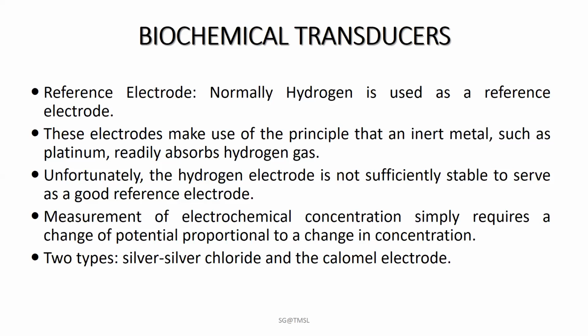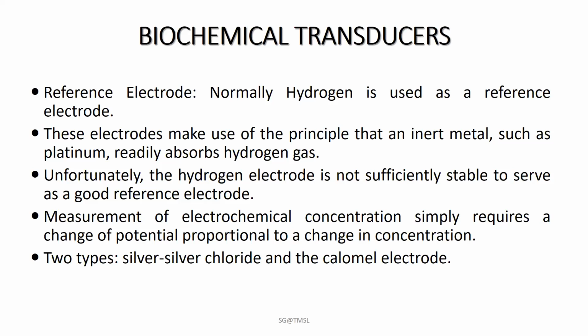But unfortunately the hydrogen electrode is not sufficiently stable to serve as a good reference electrode, and the problem of maintaining the supply of hydrogen during a measurement limits its usefulness to a few specific applications.